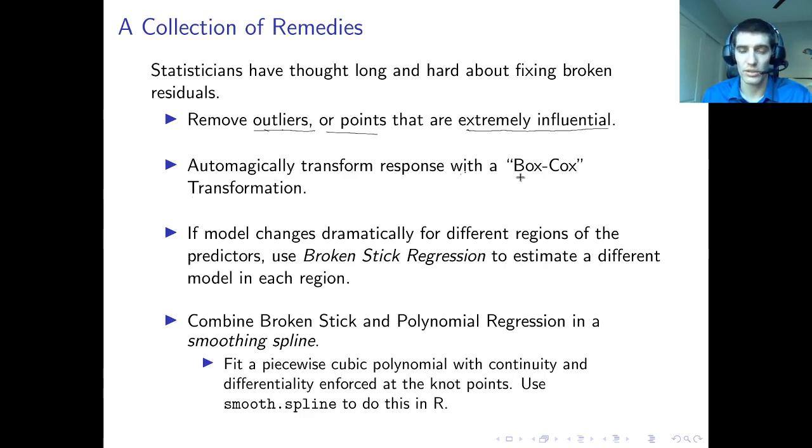I'm not going to go into the details of it. The problem with the Box-Cox transformation is that it's hard to interpret. Basically, you find a transformation of y which looks like y to the 1 over alpha, and you find a value alpha which is good. The problem is that it can be difficult to interpret such a transformation of y.